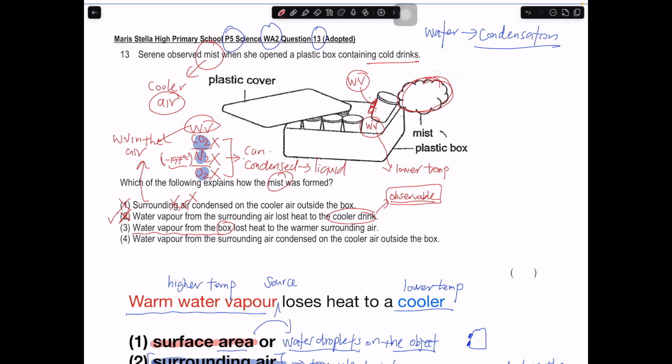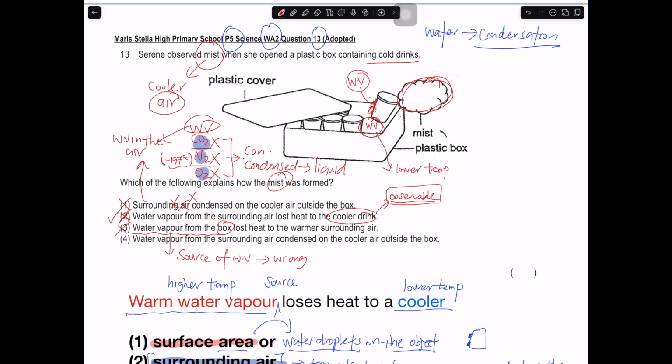There is indeed water vapor, but it will not lose heat to the warmer surrounding air. It will in fact gain heat from the warmer surrounding air, and because of that, it will not form mist. So basically, for this third one, the source of the water vapor is wrong. It's not the water vapor from the box itself. It's actually from outside the box.